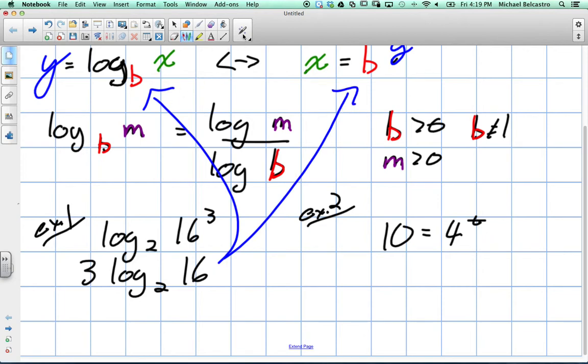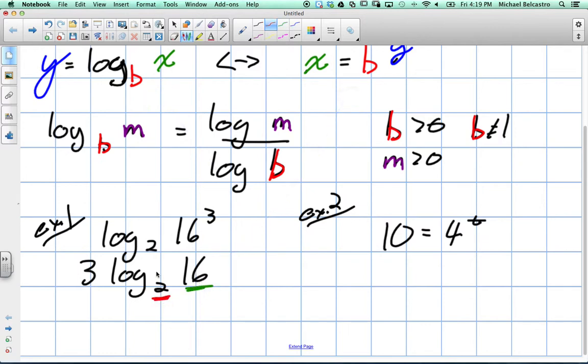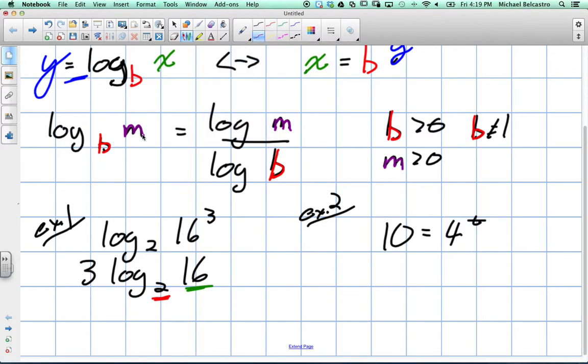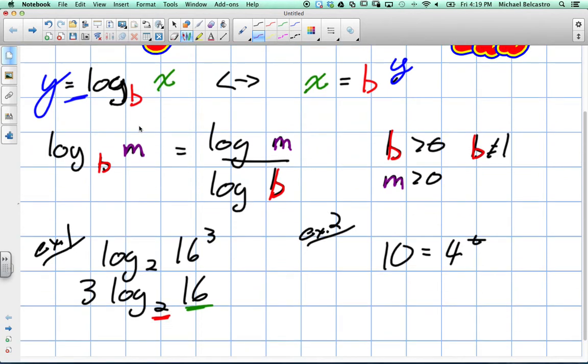We'll go back and use its conversion, so we'll color code everything we have. Our x value in the log is our 16. Our base is 2, and our 3 is unknown, right? We don't actually, in our example, have a value at this point. We can call it something. In fact, I'll give it a variable, let's call it z. This z is technically the same idea as the power of the x here.